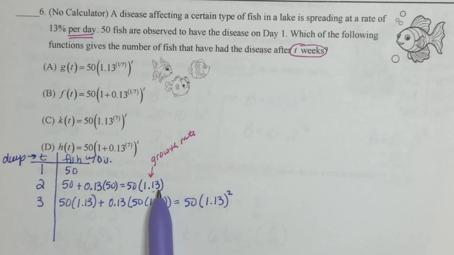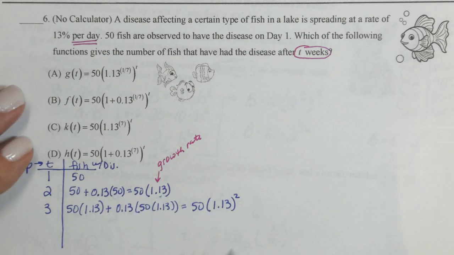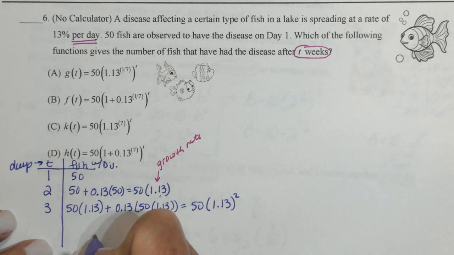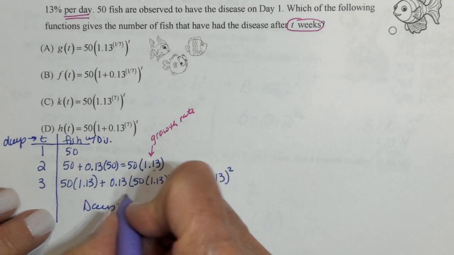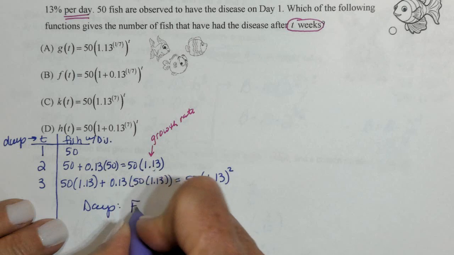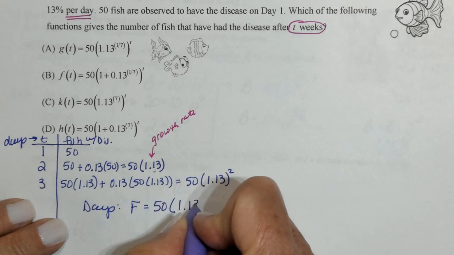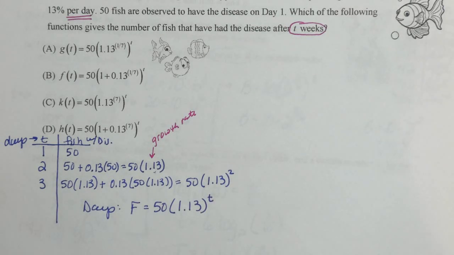What if it was doubling? Then it would be a 2 there. If it was tripling, then it would be a 3 there. So in days, my formula looks like the number of fish, I'll call it F, is equal to 50 times 1.13 to the T days.